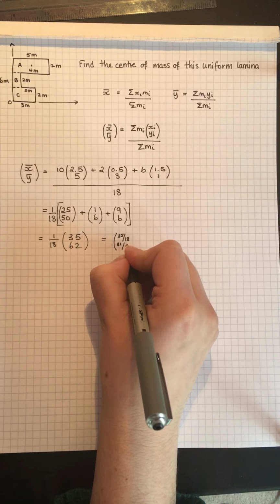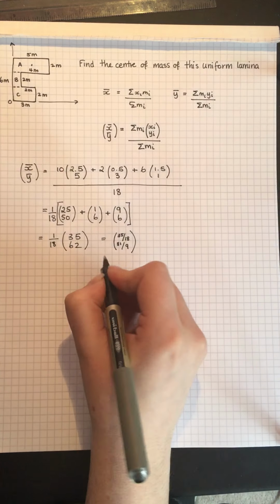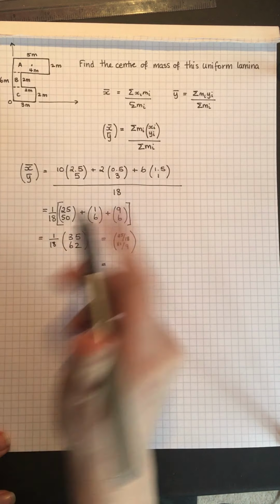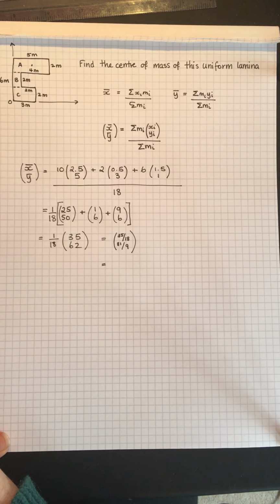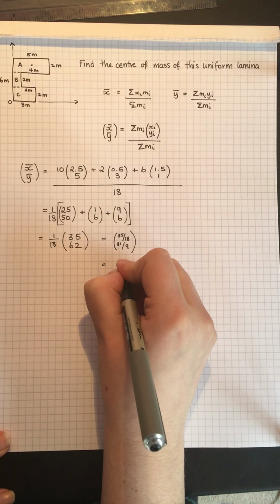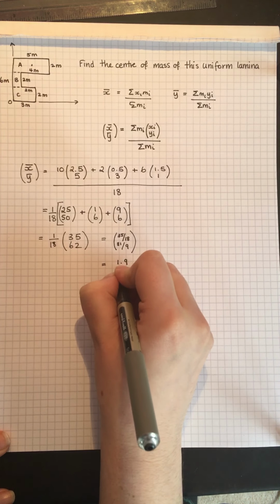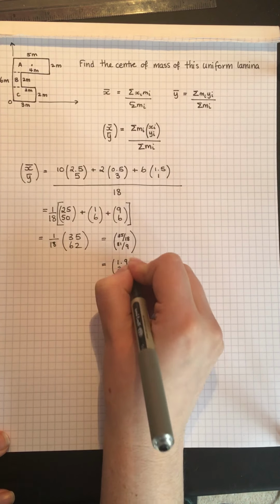So leaving it in exact form would look like that, but changing it to decimals, we're going to get about 1.9 there, and then 2.4 there.